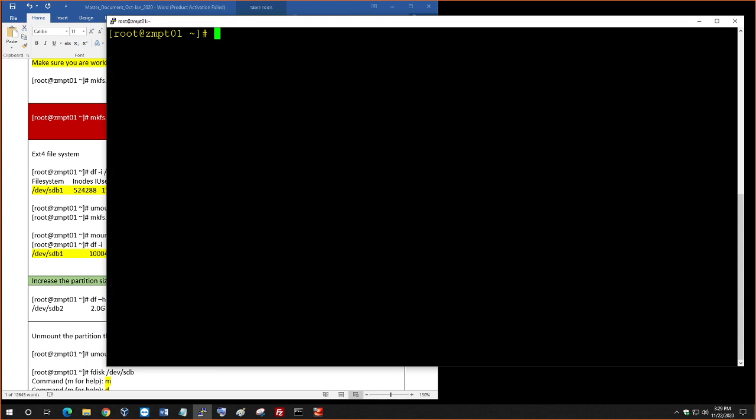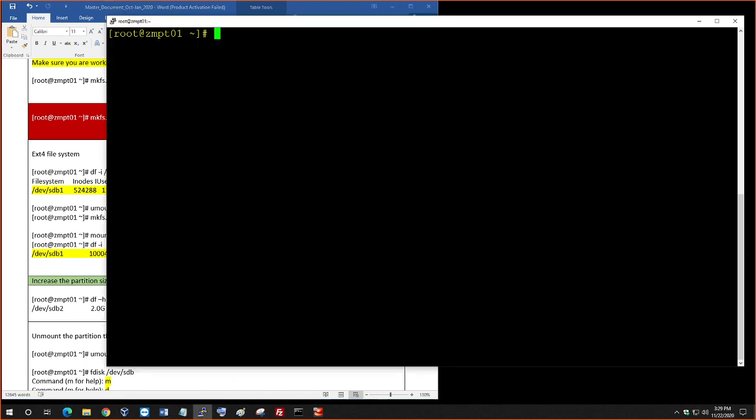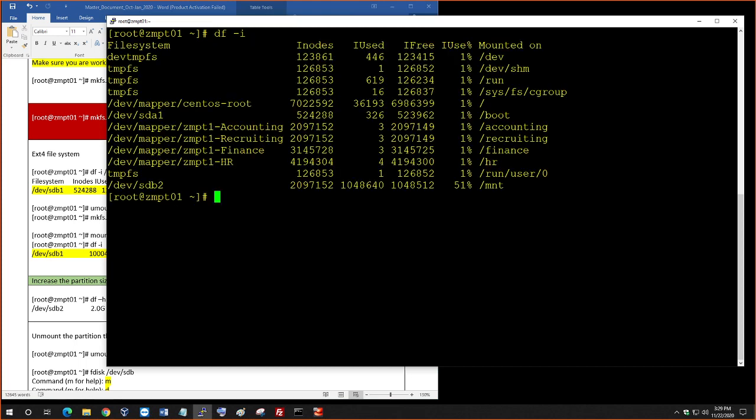So what I'm going to do here is increase the inodes for /dev/sdb2, right? So when you do df -h, it has this many inodes and it's been using at 50% here.